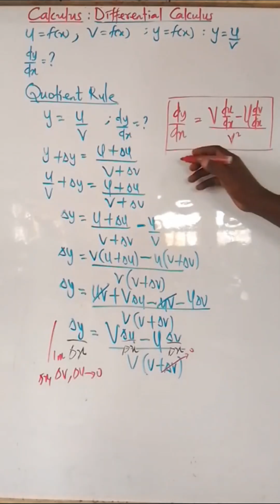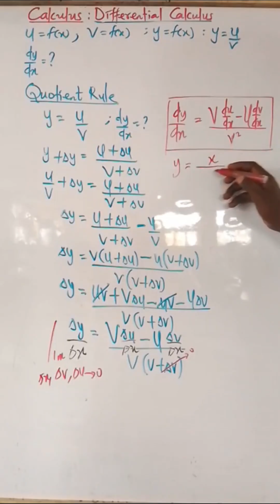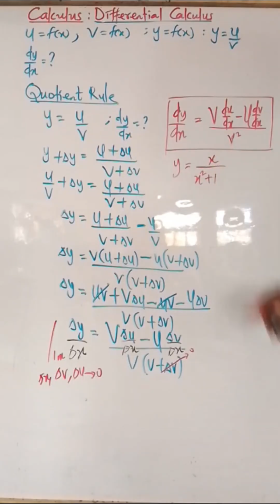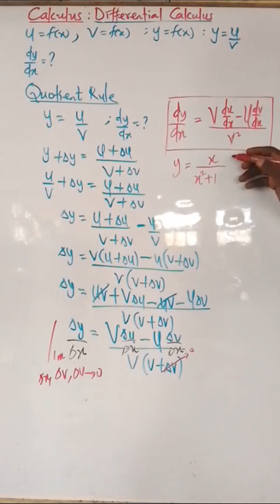Back to that example. y equals x over x squared plus 1. So what we have up is u, what we have down is v. So from here it means u equals x and v equals x squared plus 1. In each case, we have to look for what? du dx and dv dx.